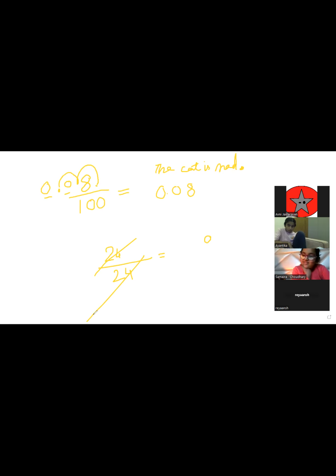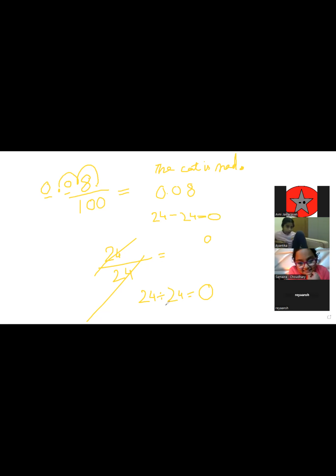Ayantika also says 0. You have also written 0 in the answer many times. Okay, I will write it like this: 24 divided by 24. Is the answer 0? Yes. Absolutely. Okay, now tell me 24 minus 24. What is the answer? 0.